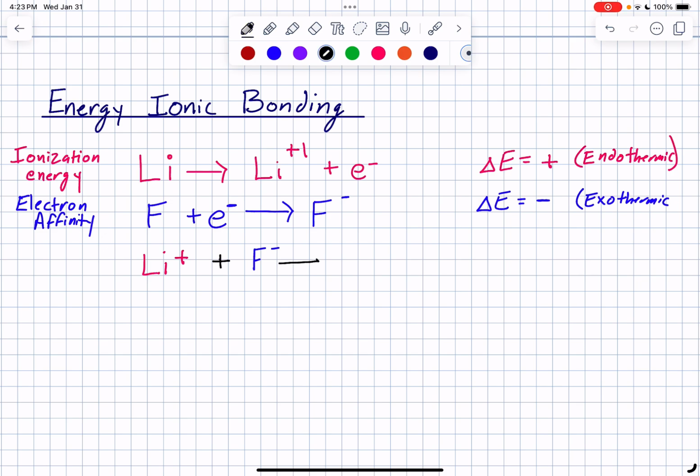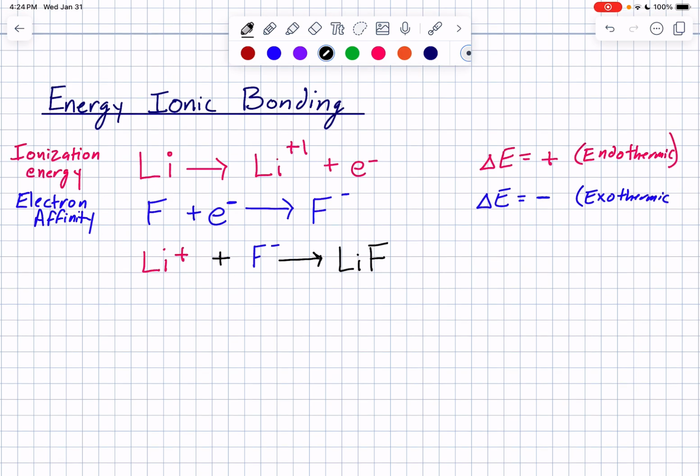When this happens, we have an ionic bond form. My ionic bond, my compound formation, is neutral to make it more stable. Since the bonded together crystal lattice is more stable than the ions individually, my change in energy is going to be negative, exothermic.